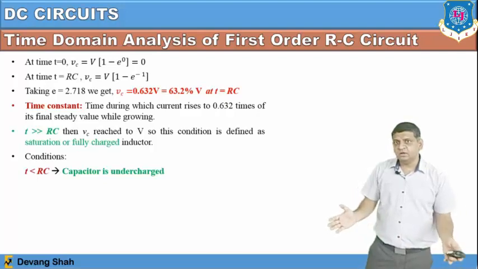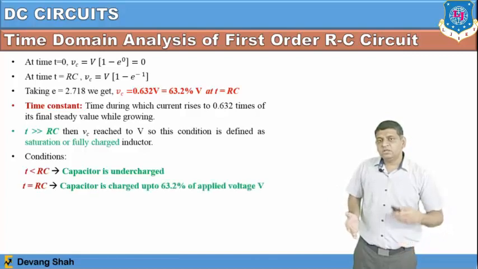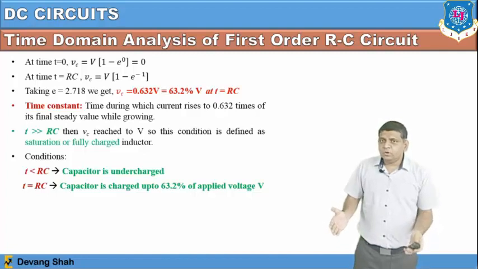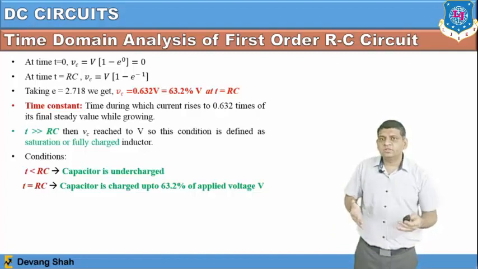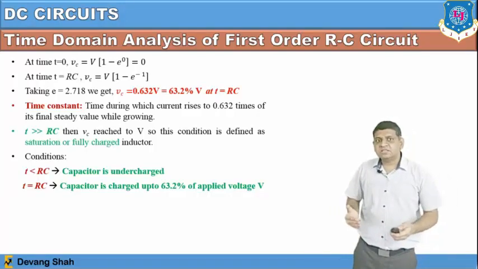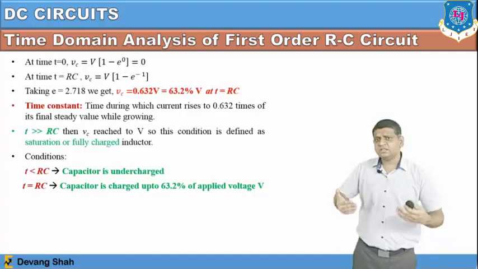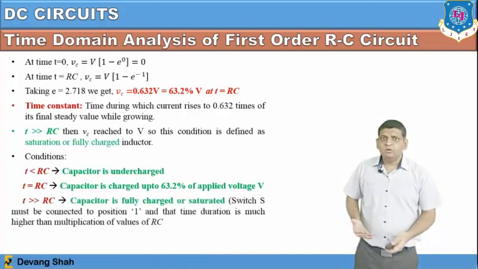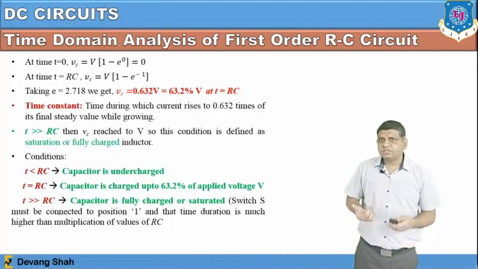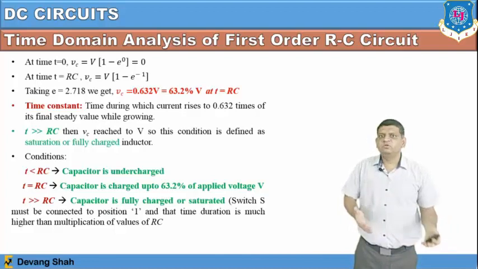The t is less than RC, obviously the capacitor is undercharged, so the capacitor starts charging. Condition two is the time t equal to RC. We just went through the equation and those values, and you will find the capacitor is charged up to 63.2% of the total applied voltage, right? But to fully charge the capacitor, you must take t much greater than RC, right? So the time duration of the switch S at position 1 is much higher than the multiplication of the values of R and C, right?